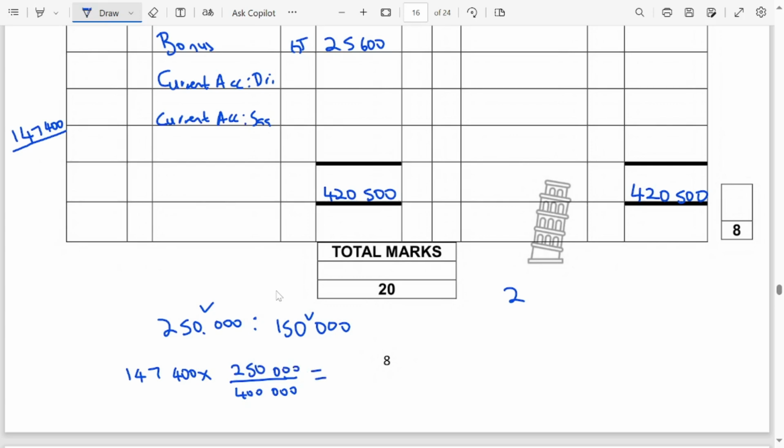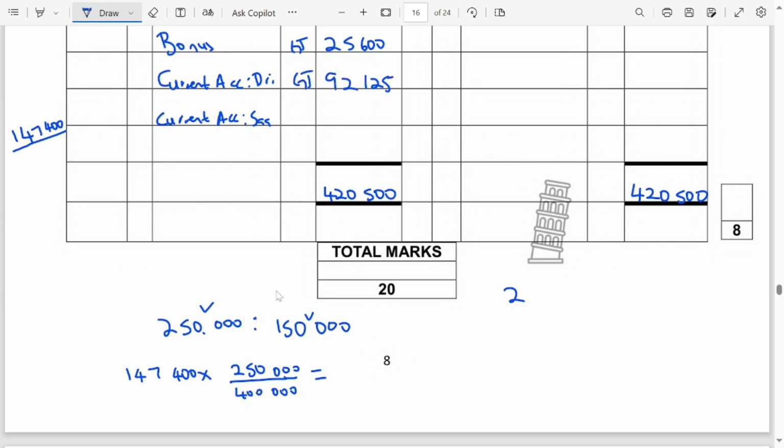So 147,400 multiplied by 250 divided by 400,000 is equal to 92,125.